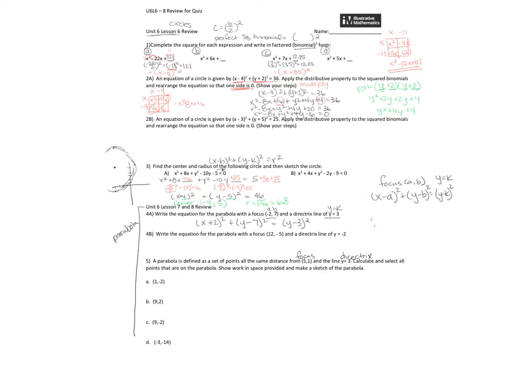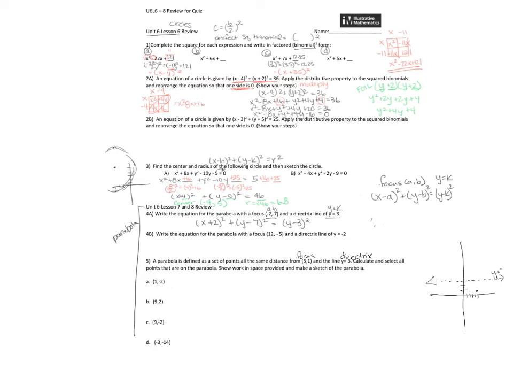So two things, I'm going to go ahead and sketch the parabola first. My focus is at 5, 1, so over 5, up 1, so my focus is here. My directrix is the line y equals 3. That is a horizontal line that goes through y equals 3 on the y-axis.